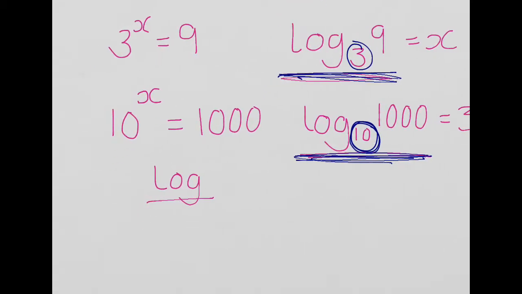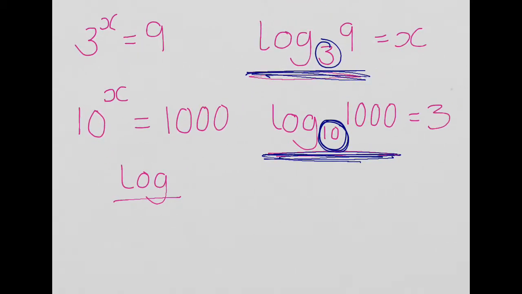And you will also find on your calculator the ln button, and this is the natural log button. So if I give you an example for this one, it would be e to the x equals, and we'll choose a value, maybe 3.